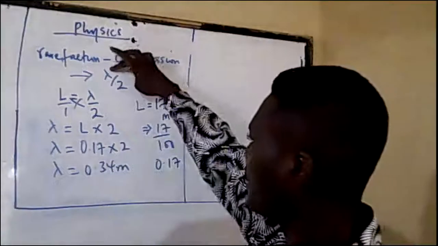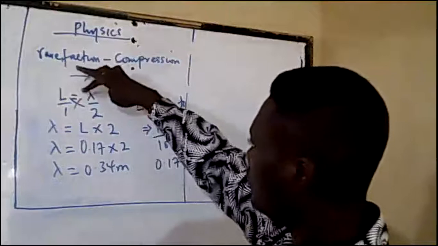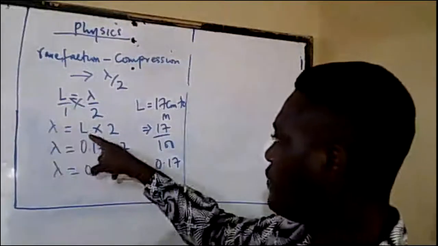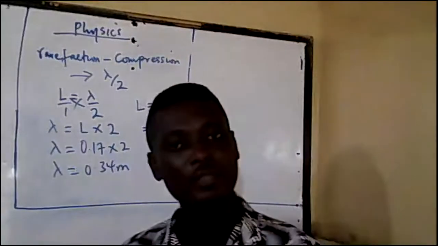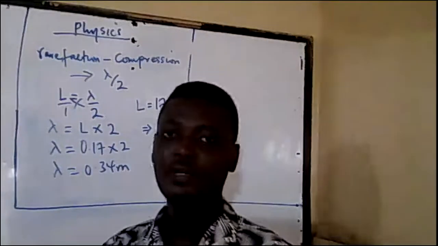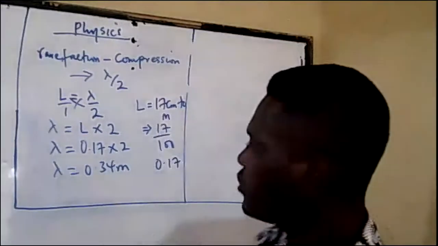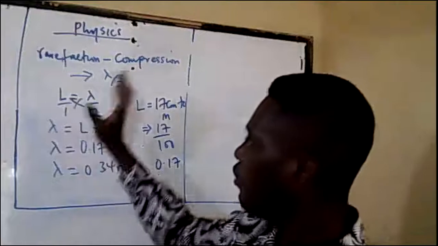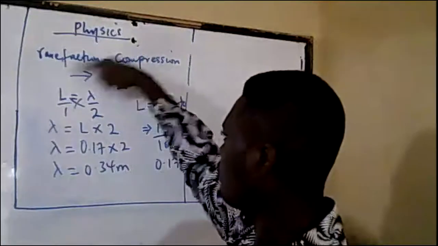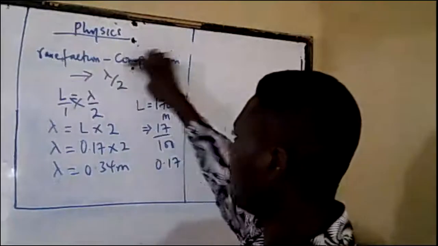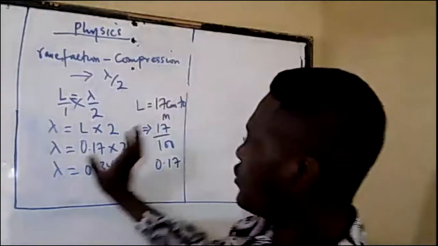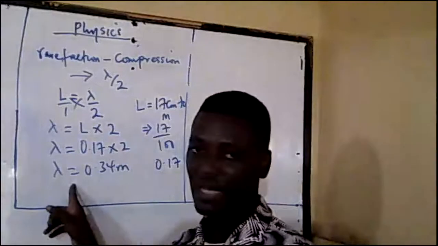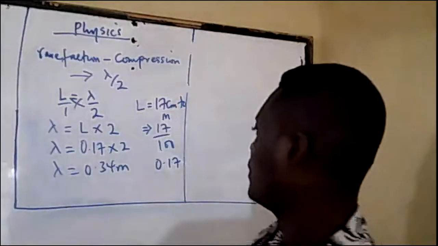So L over 1 equals lambda over 2. When you cross multiply, our lambda, which is the wavelength, we get because they give you the normal length. The experiment was performed using measurement of ordinary length, but if you want to relate it to the wavelength formula, you need to cross multiply or relate the length to what has been given to you as rarefaction and compression. So that gives us L times 2, 0.17 times 2, and lambda gives me 0.34 meter.